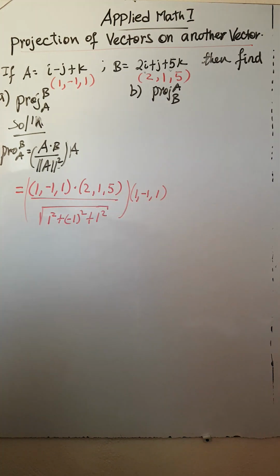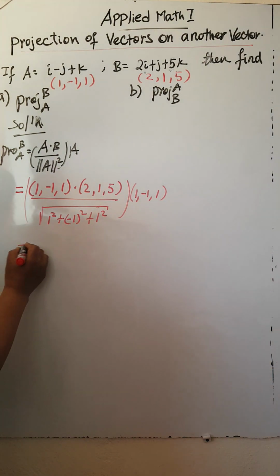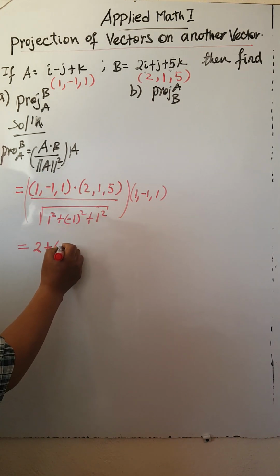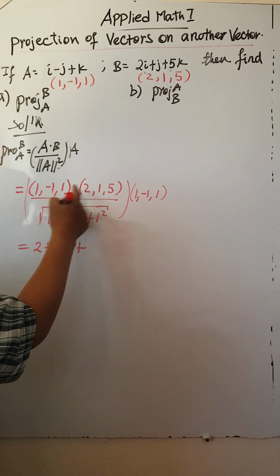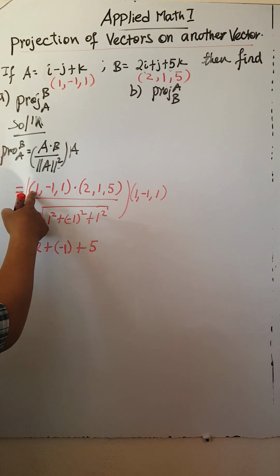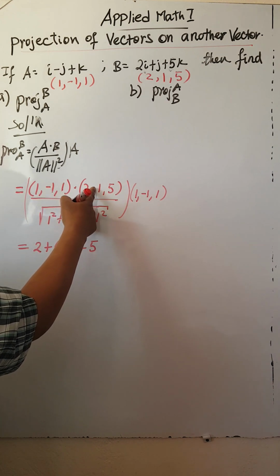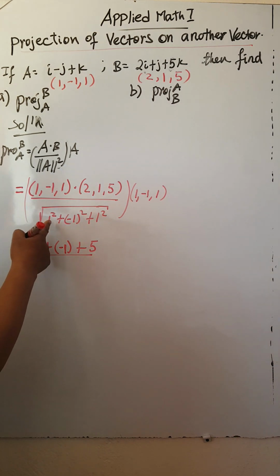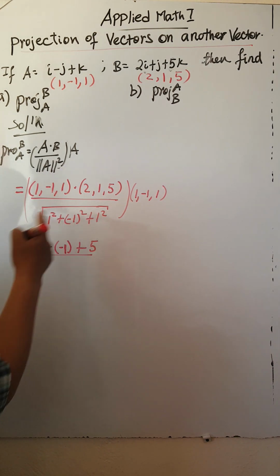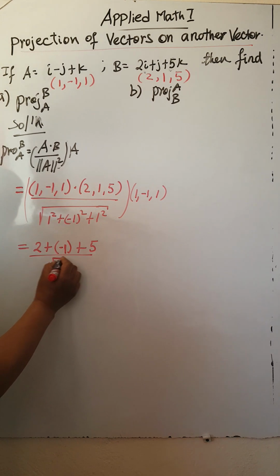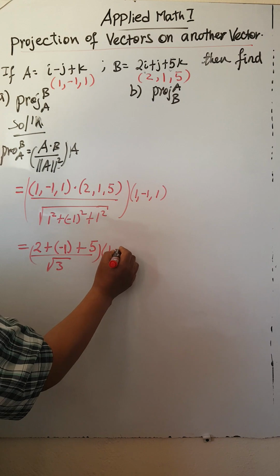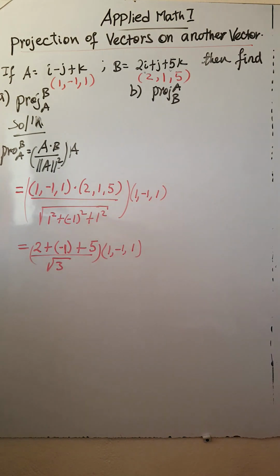So 1 times 2 is 2, plus negative 1 times 1 is negative 1, plus 1 times 5 is 5. Divided by 1 squared plus 1 squared plus 1 squared, so we have square root of 3, times this vector (1, -1, 1).